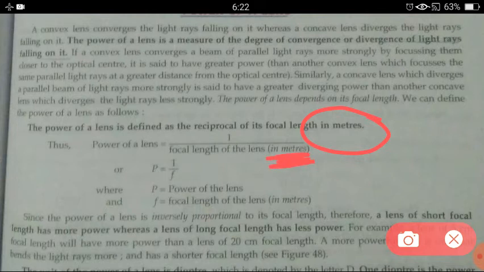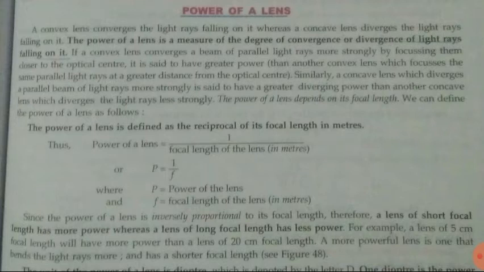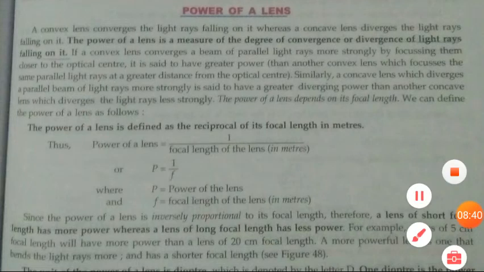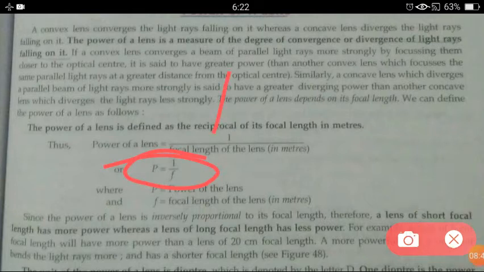This is a very important thing, that the focal length should be in meters. So the power of a lens is given by this formula, P equals 1 upon f, where P equals power of the lens and f equals focal length of the lens. From this formula we can clearly see that power is inversely proportional to f.